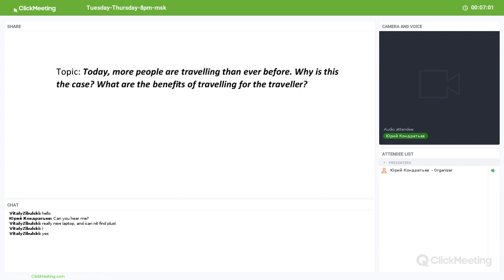So here we are asked about the causes, why is this the case, without solutions, and about advantages, but without disadvantages. So we are asked, what are the benefits of traveling for the traveler? So what are the advantages and what is the reason? Okay, so basically it's a mixed type.